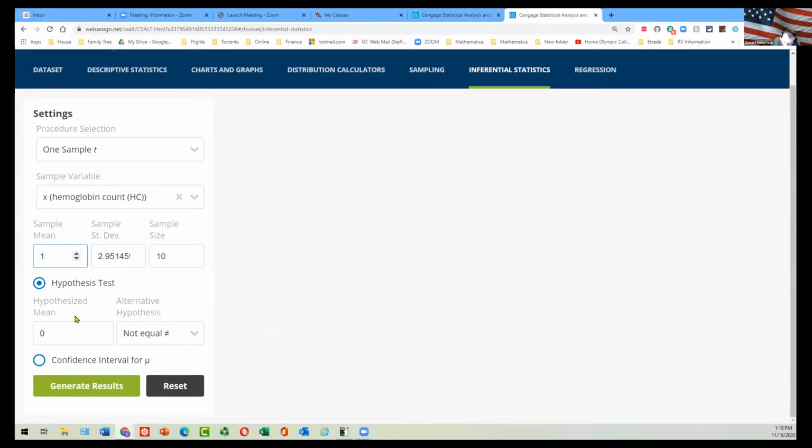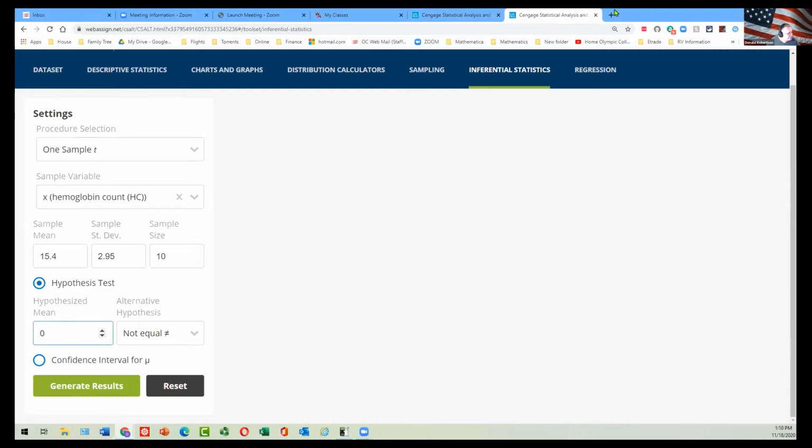It was 15.4. The standard deviation is 2.95 to 2 decimal places. And the sample size was 10, which is perfect.